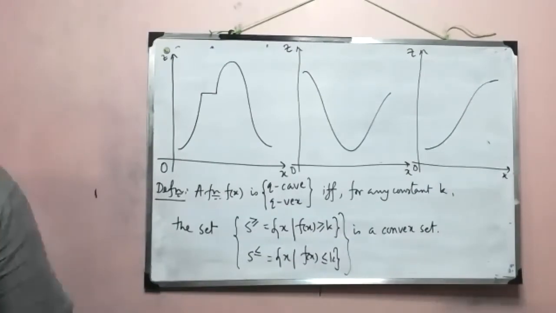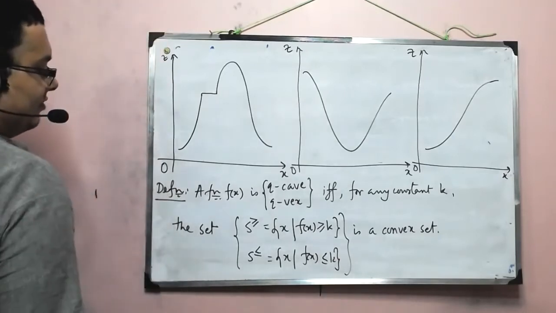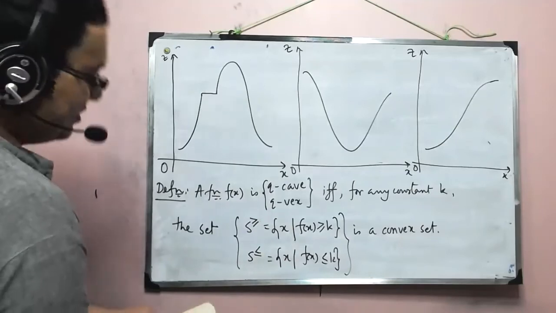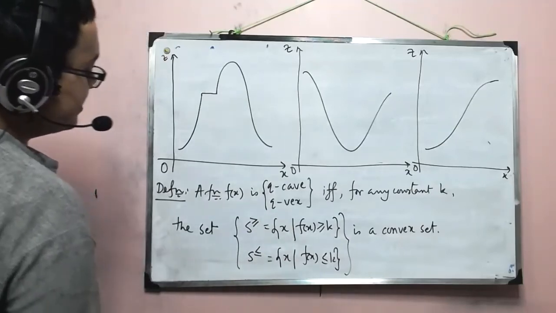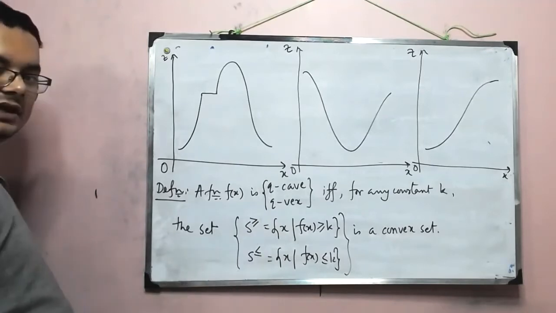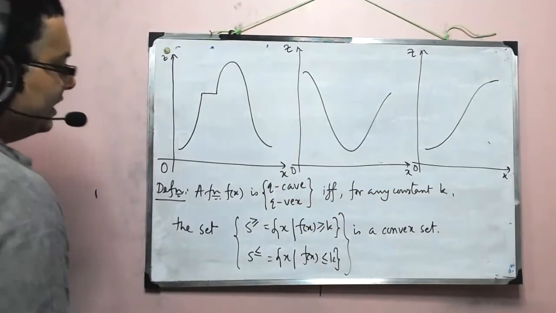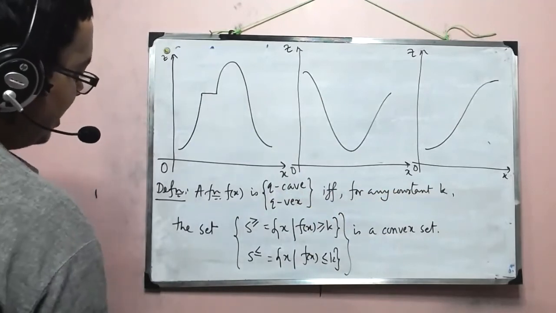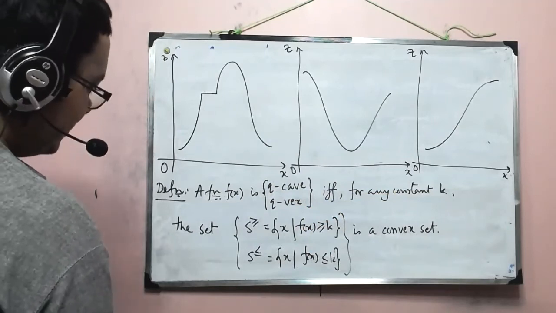We want some portion of this domain to be a convex set, because we are talking about x's. So our S greater than or S less than will appear here on the x-axis. But as you can see, the condition starts with fixing some k.